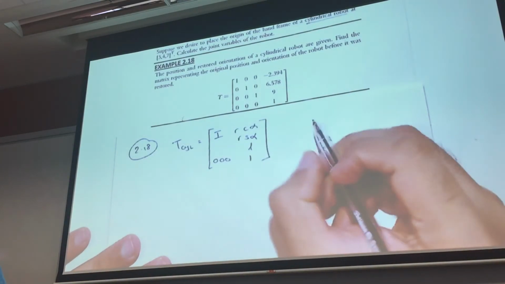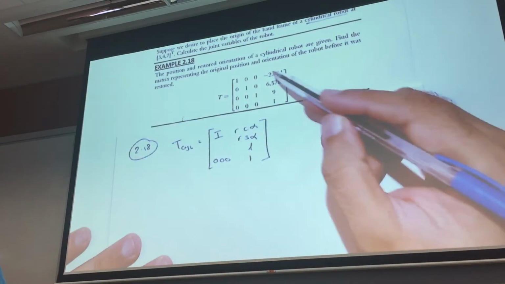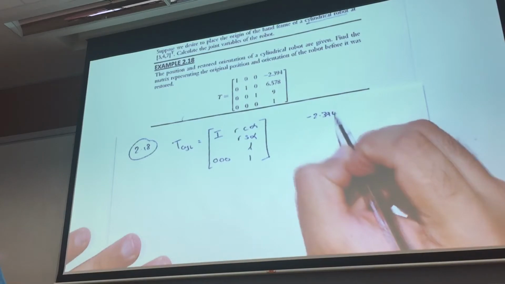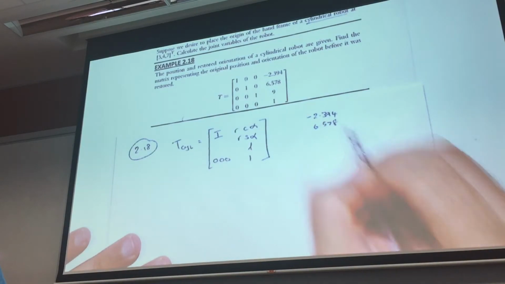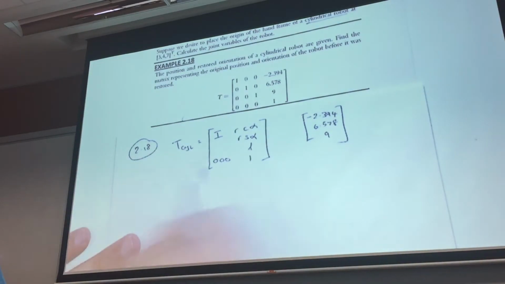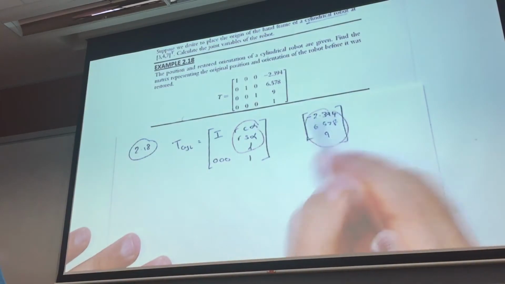But now instead I want to go to this position. Okay, I'm given this. So I want to go to this minus 2.394, 6.5789. I want to go to this point here. Basically, I'm just comparing this with this.